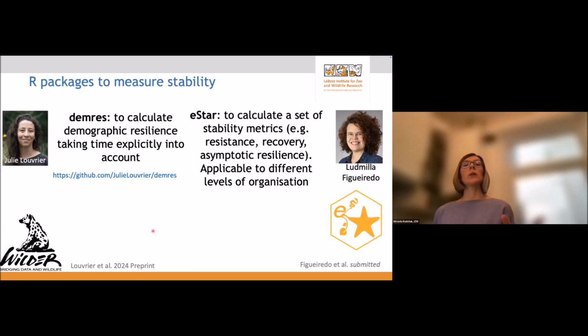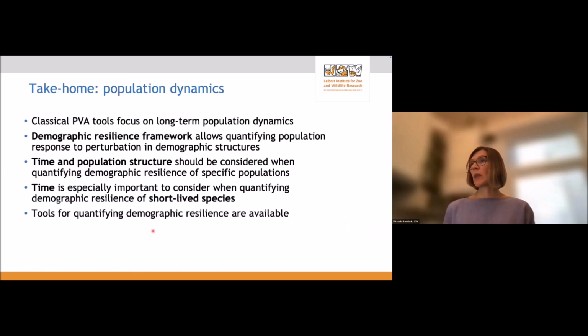On the one hand, it provides metrics that can be applied to what we call univariate time series data, for example, abundance or species richness as data. And then we can calculate some typical metrics such as resistance and recovery. However, it also allows quantifying asymptotic stability metrics using the community matrices.